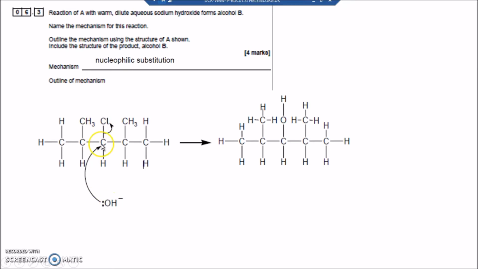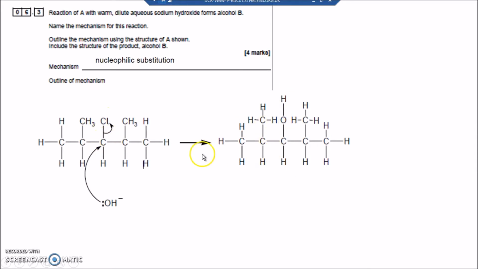The OH minus attacks the C, because that's got a slight delta plus charge, and the Cl, which is withdrawing electrons towards itself anyway, gets the electrons and forms a Cl minus ion. It's a minus because electrons are moved onto it, and the OH bonds where the Cl was.